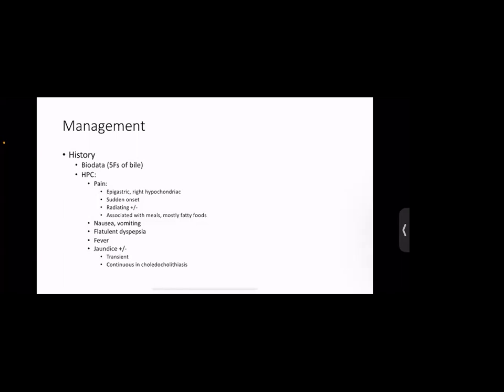It's usually associated with meals, mostly fatty food. There's pyloric spasm, which causes nausea and vomiting. There's flatulent dyspepsia. Patient might have fever. Jaundice might be transient or continuous in cases of choledocholithiasis, that's when the gallstone has moved to block the common bile duct.